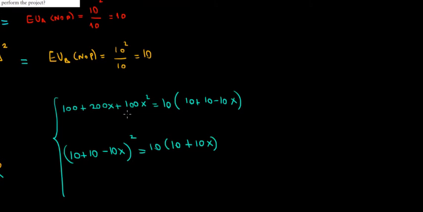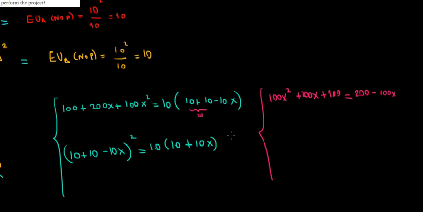So we have here, let's write the x squared on the first term, 100x^2 + 200x + 100 is equal to, here we have 10 + 10, that's just 20, 10 times 20, that's 200, minus 10 times 10x is going to be 100x.